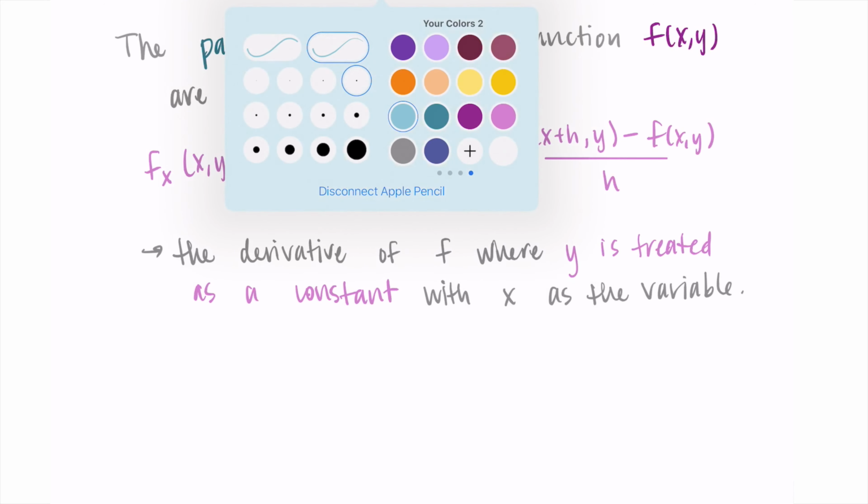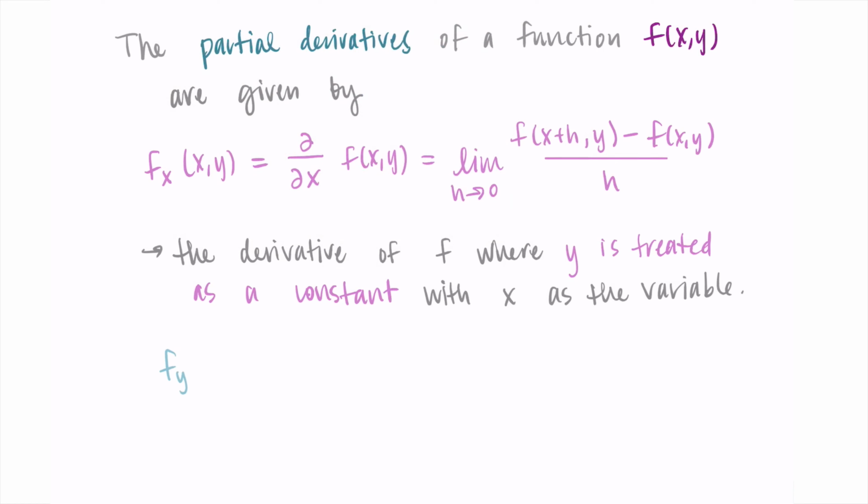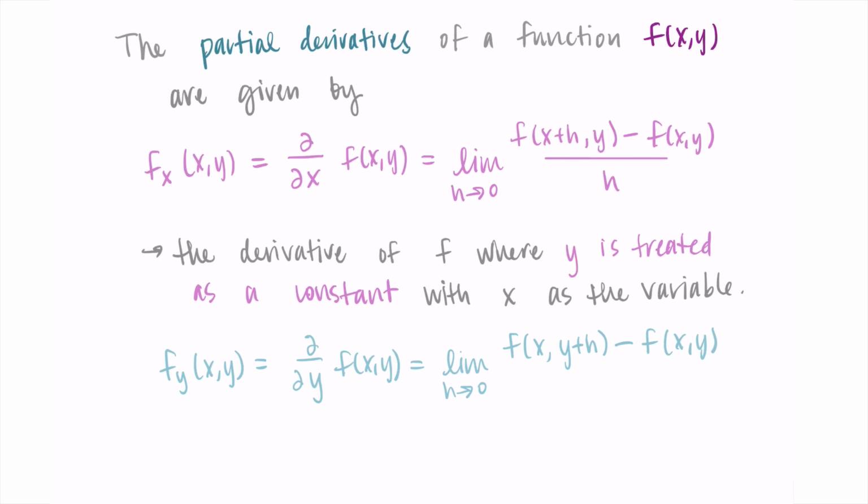Okay, so we have a similar one for the partial derivative with respect to y. We use that same del operator, or the script d, so it's the partial derivative with respect to y. This is going to be equal to a very similar looking limit, except this time it's the y coordinate that has the plus h. So we're looking at the changes in the y, leaving the x alone.